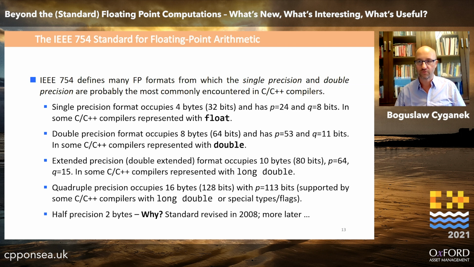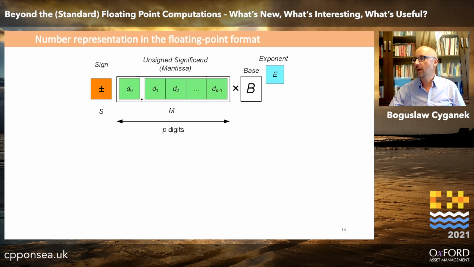Why? Because of this diagram with data transfer, which I showed, because of data bottlenecks. So we are producing more data, and in many cases, half precision is what we strive for. For example, in deep neural network training, as I will be talking about in a moment.